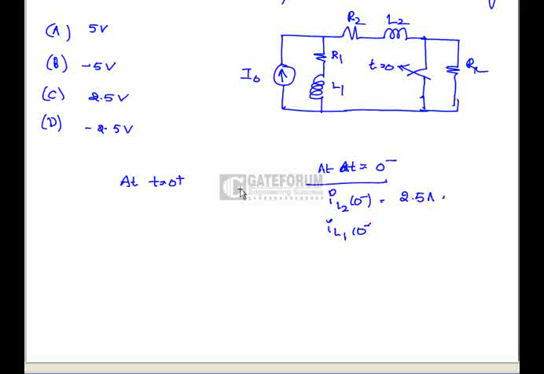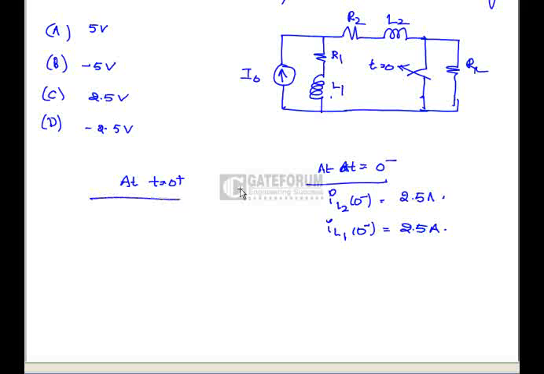IL1(0⁻) is also 2.5 amps, because the resistances R1 and R2 are equal. In the steady state condition, L1 and L2 act as a short circuit. So I0 is equally divided between R1 and R2. The magnitude of I0 is 5 amps. Hence IL2(0⁻) is 2.5 and IL1(0⁻) equals 2.5.